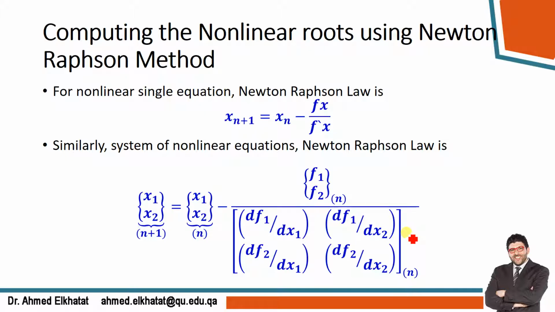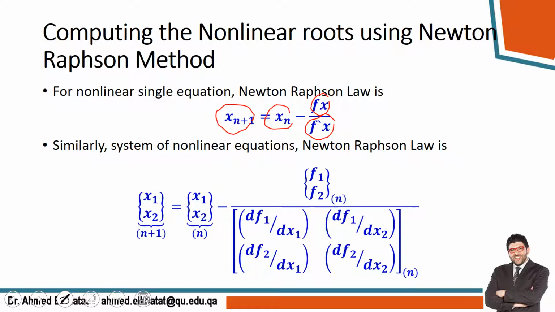If you remember the Newton-Raphson for a single equation, we used it before. It was x_{n+1} equals x_n minus f(x) over the derivative of f(x).